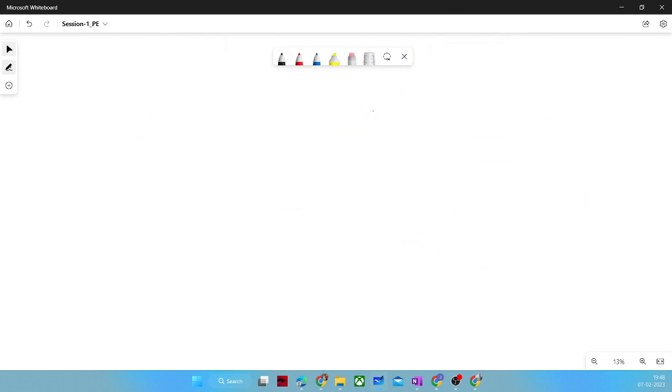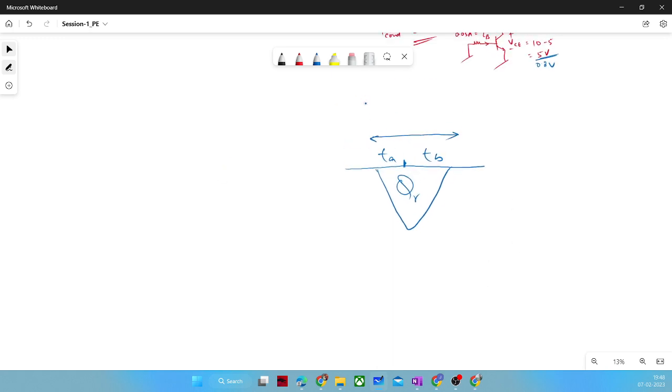So that diode reverse recovery we approximated with a triangular waveform, right? Whatever charge was stored gets discharged during that period, and two periods, TA and TB, we considered, and the total time was considered as the reverse recovery time, TRR.